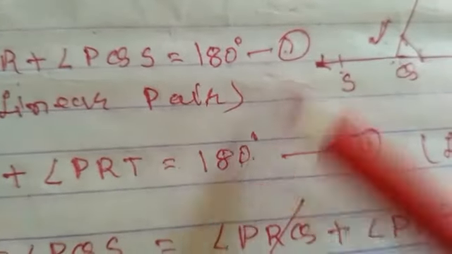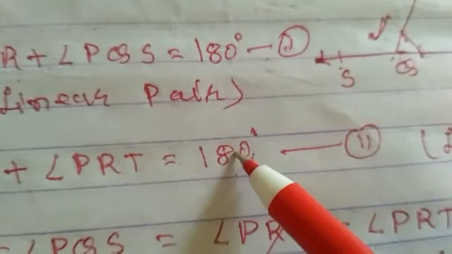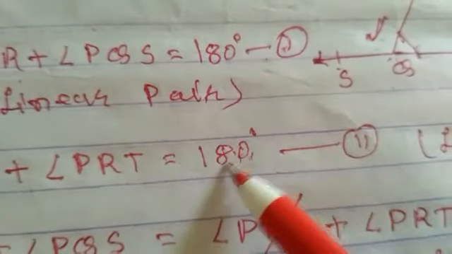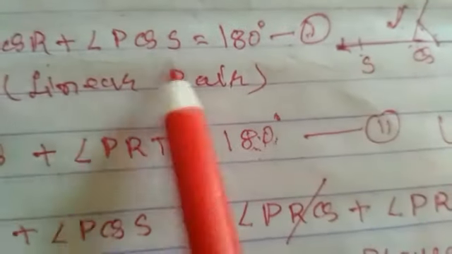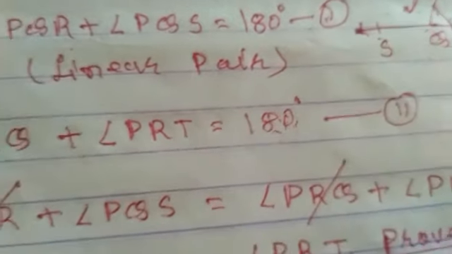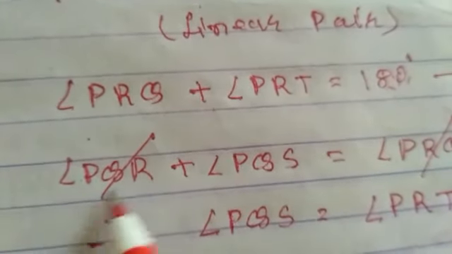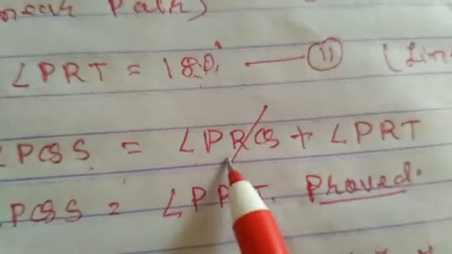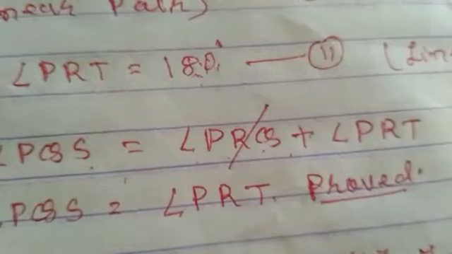Students, in both equations you can see that the RHS of both equations are equal, that is 180 degree. So when their RHS are equal, obviously their LHS will also be equal. So now we can write from these equations: angle PQR plus angle PQS equals angle PRQ plus angle PRT.